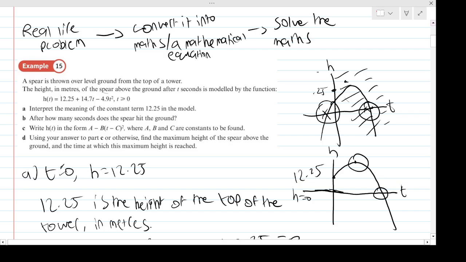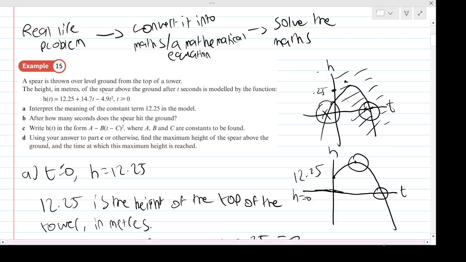So here, what we did is, well, they did the first bit for us. We have a real life problem, and then they gave us the quadratic, right? So they told us the projection. So the movement of the sphere resembles this quadratic, which we see here, right? This graph here.